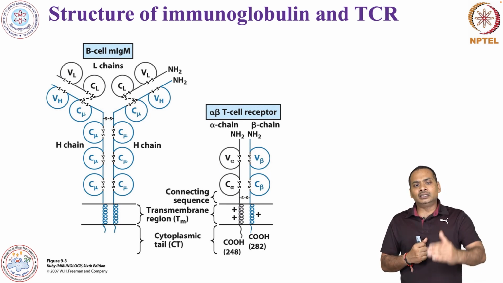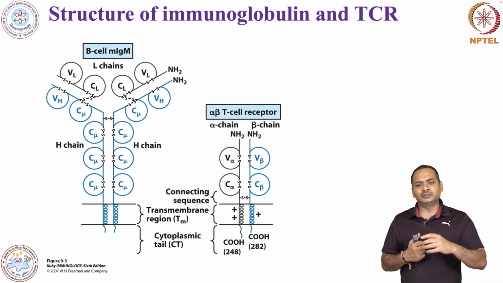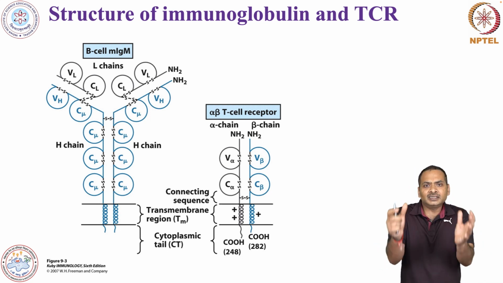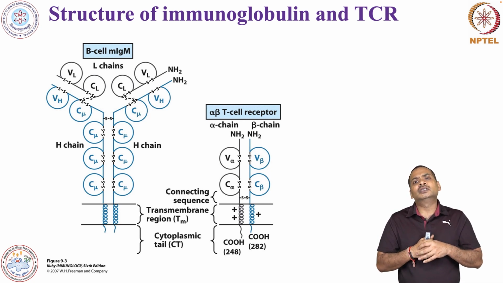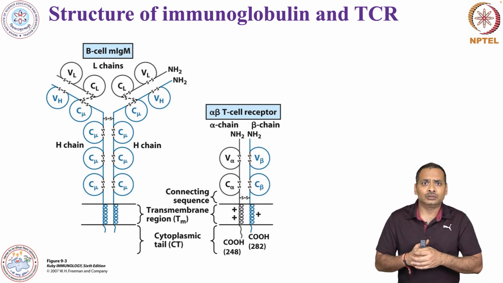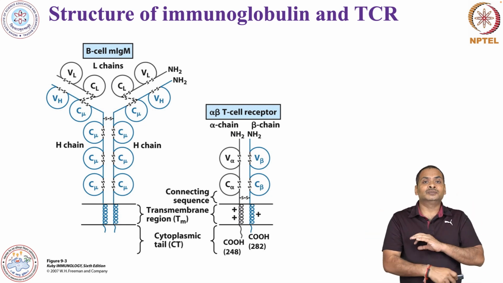This is also inserted in the membrane, there is a transmembrane domain, and these TCRs are always associated with the CD3 molecule in order to make them functional. I will show you in the next slide.